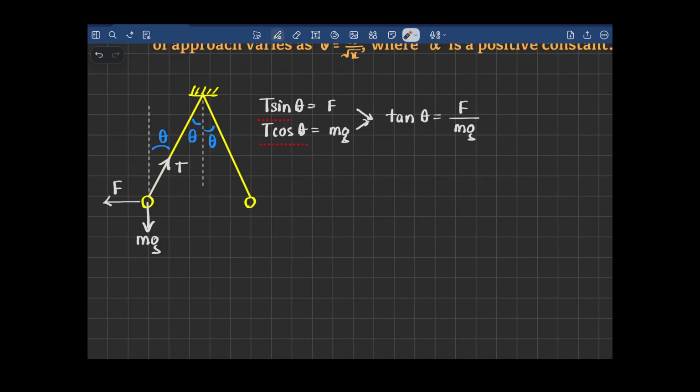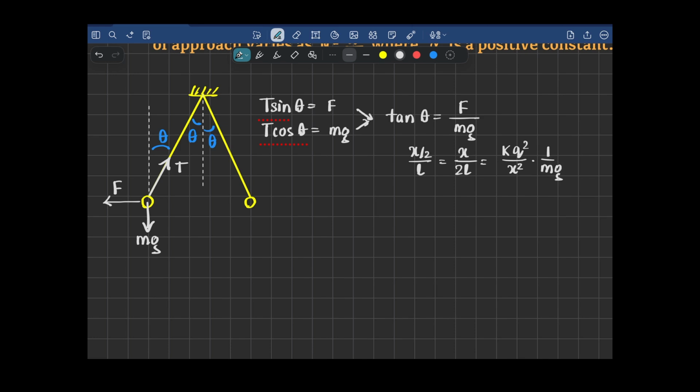So for small angle, tan theta can be approximated here as x by 2 by L, or I can say as x by 2L, which equals F by mg. The term F I can say as k q square by x square, and I'm multiplying 1 by mg term here. So from this I get the equation. See, all the x terms I'm bringing to one side, I get x cube equals 2k q square L by mg.